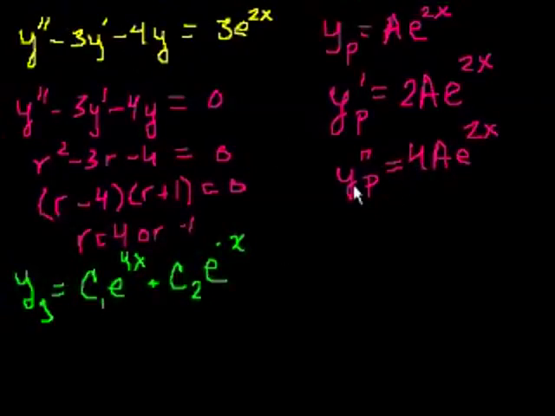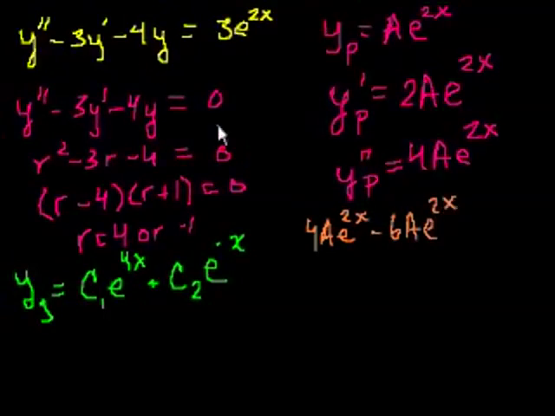And now I can substitute in here, and let's see if I can solve for a, and then I'll have my particular solution. So the second derivative, that's this. So I get 4a e to the 2x minus 3 times the first derivative, so minus 6a e to the 2x, minus 4 times the function, so minus 4a e to the 2x.